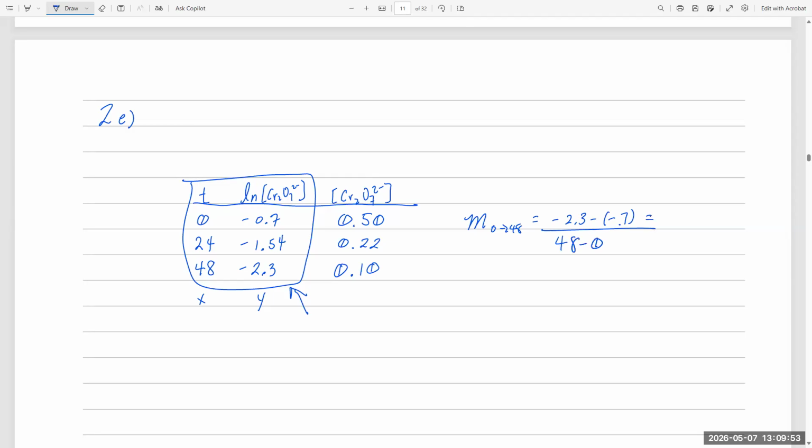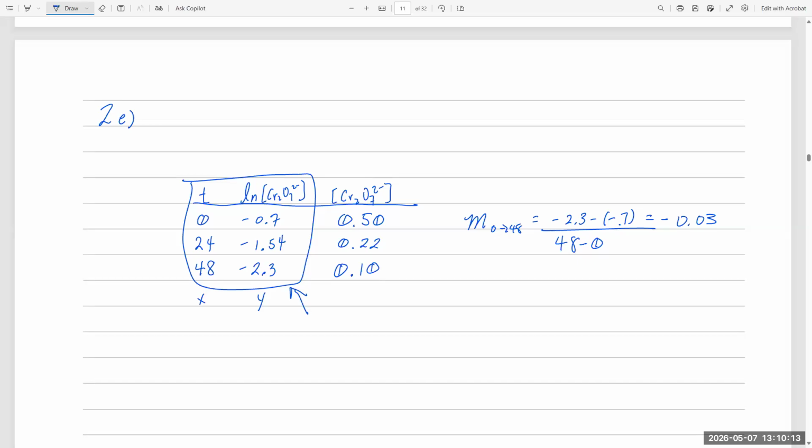Let me quickly grab my calculator. It's negative 2.3 plus 0.7 divided by 48. I get negative 0.03. Okay, so that's my slope.